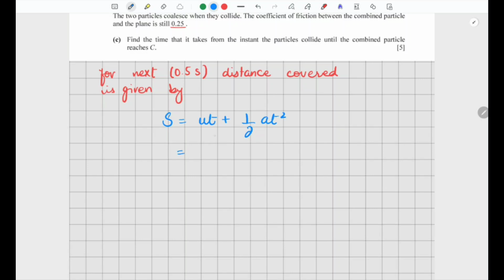Now the initial speed of particle Q was 2 meters per second. Time is 0.5 seconds again. And then half, acceleration is 4, and 0.5 square. Okay, so this will give you 1.5 meters.